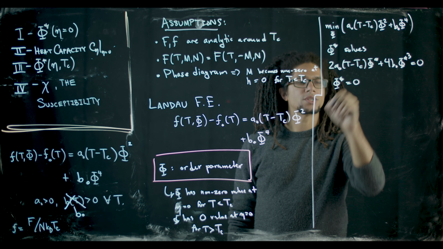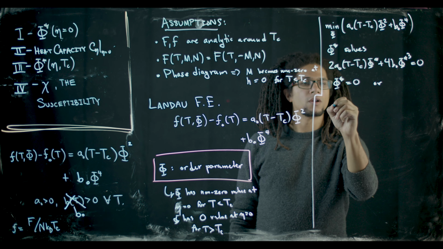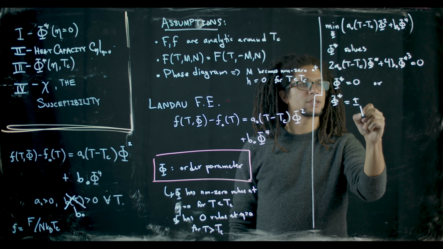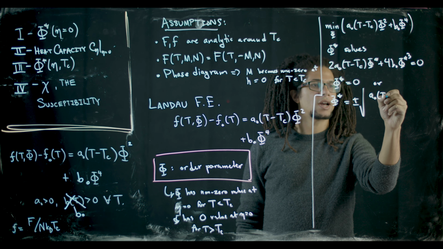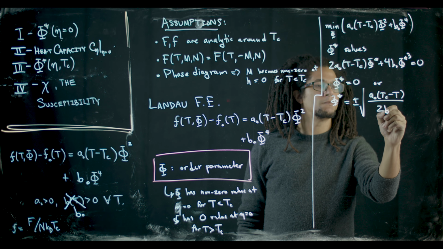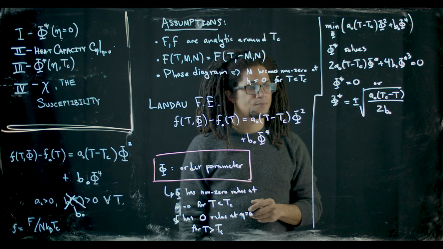Phi star equals 0 is an extremum, or phi star equals plus or minus the square root of, if we rearrange things a little bit, a naught (tc minus t) over 2b naught. Excellent.